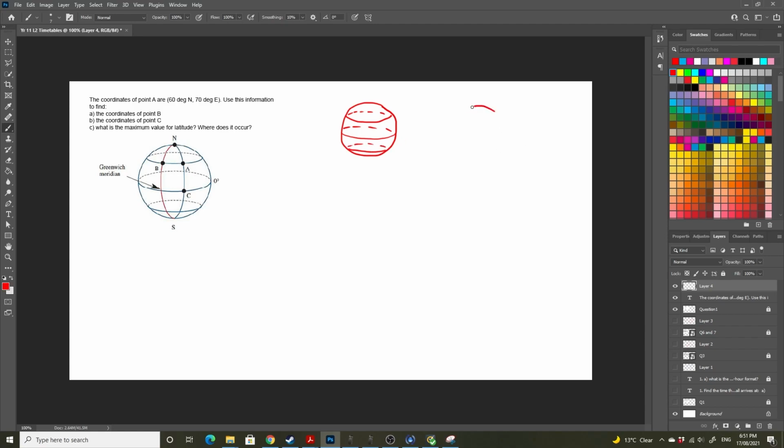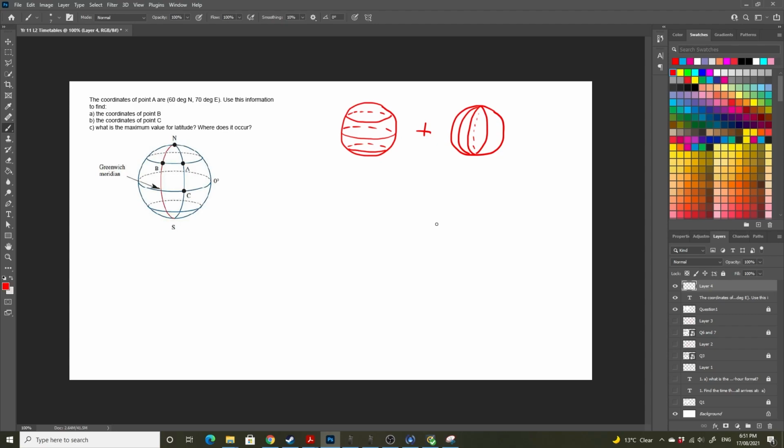And if we have another circle, these lines here are the meridians of longitude. When you combine the two of these, they form a grid, and the grid enables us to specify positions on the Earth's surface.